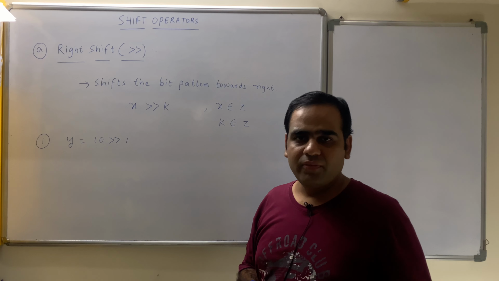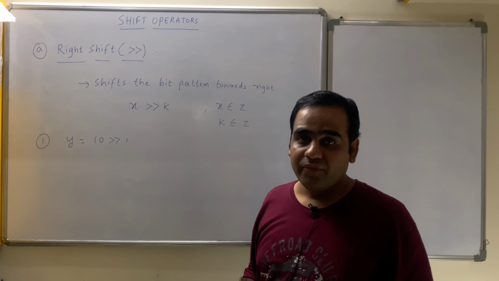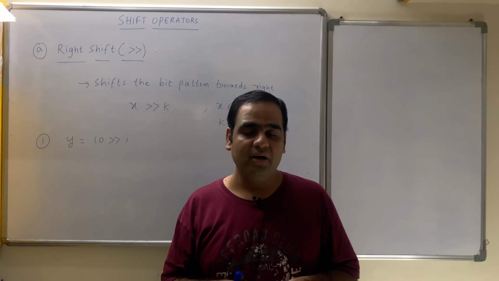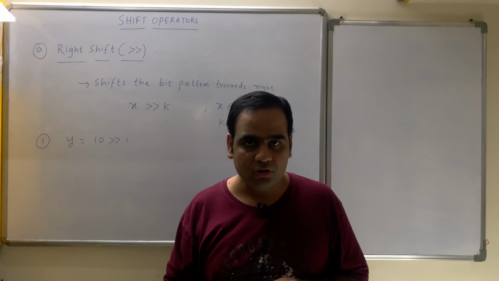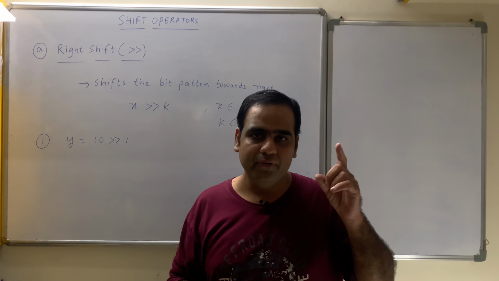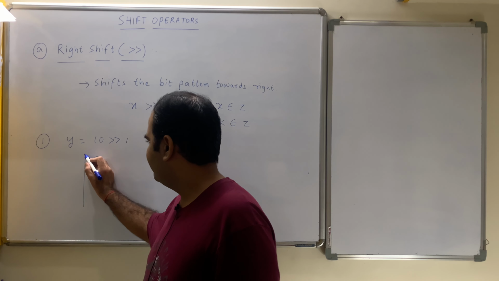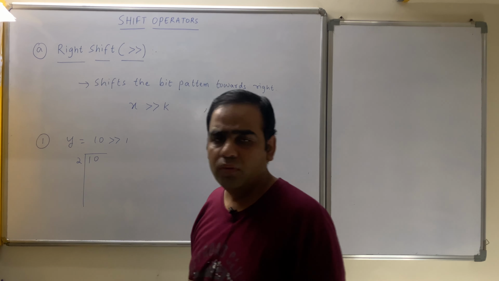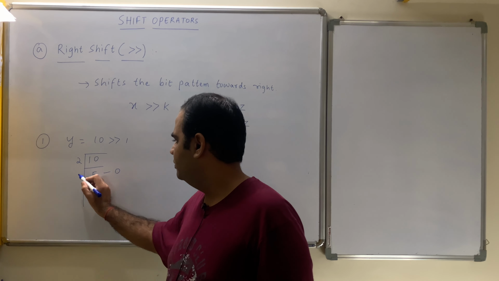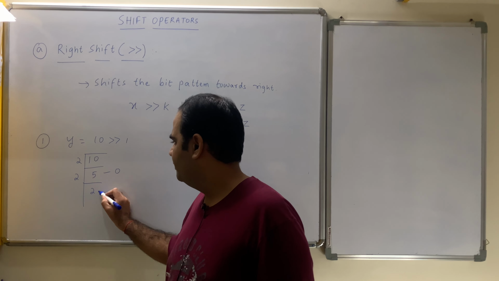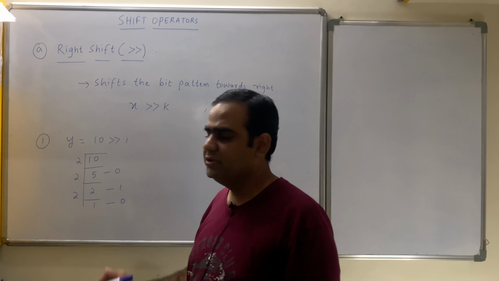Now how do we solve it? First we convert 10 to binary. We have already seen how we convert a decimal number to binary. If you haven't watched the video, please watch the video here. Now convert 10 to binary. We repeatedly divide the number by 2. 2 5s are 10, remainder is 0. 2 2s are 4, remainder is 1. 2 1s are 2, remainder is 0.